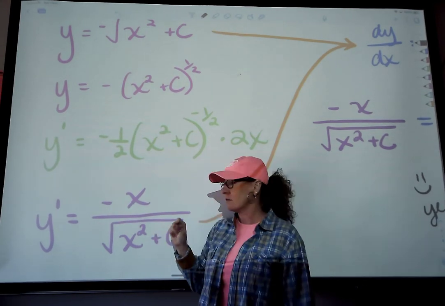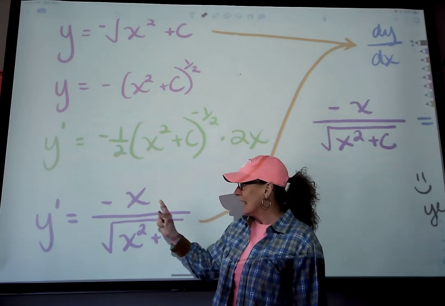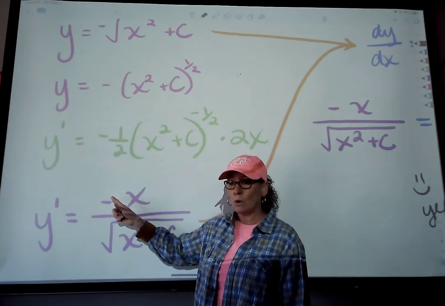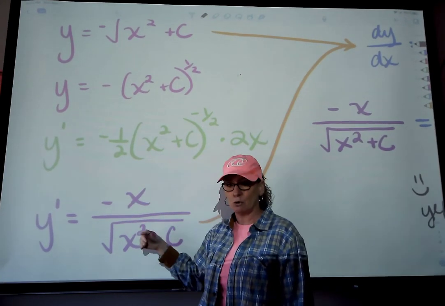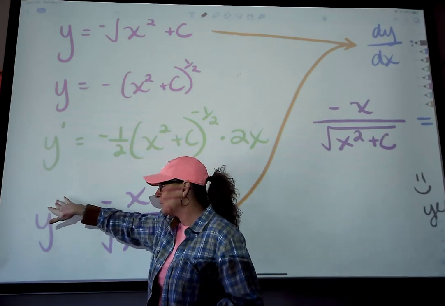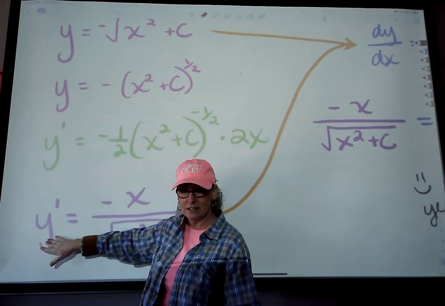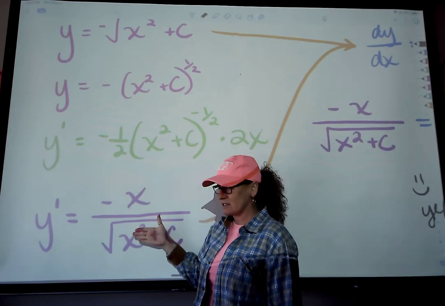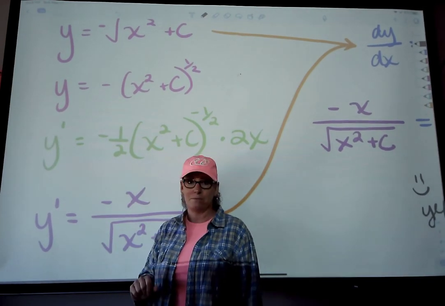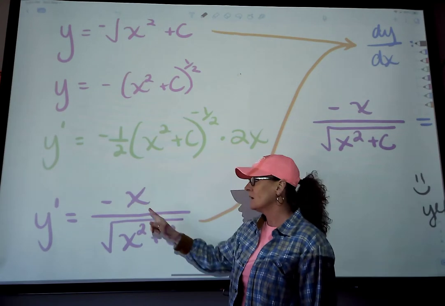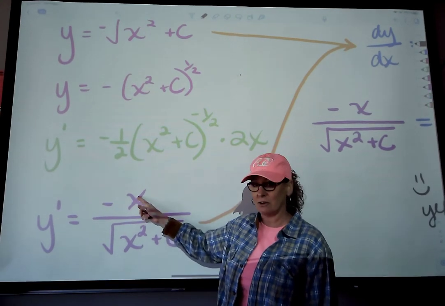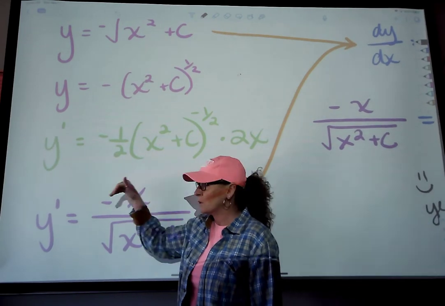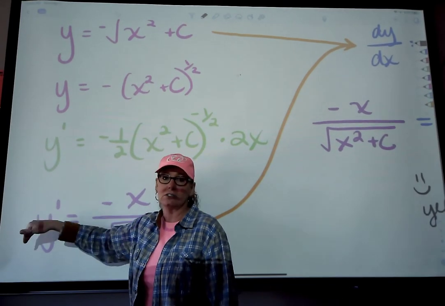No. Depends on what x is. If x is a positive number, my numerator will be negative, thus my fraction will be negative, thus my slope of y is negative. If x is positive, this is negative, slope is negative. If x is a negative value, this turns it positive, which makes my fraction positive, which makes my slope positive.